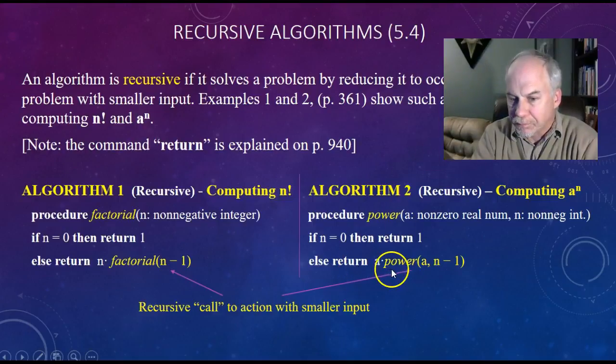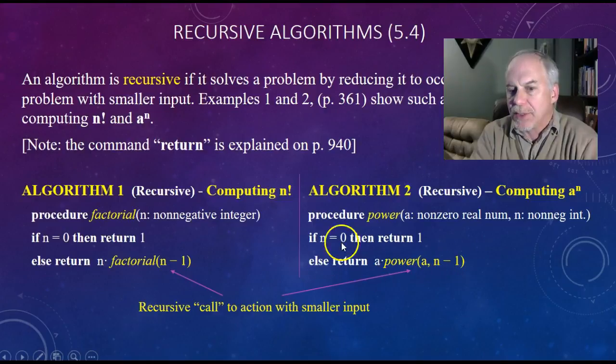So it calls it into action with a lower value, and then it just keeps repeating that call until n, the number here on the end, is down to 0, and then it returns a 1. And we'll see what this does.